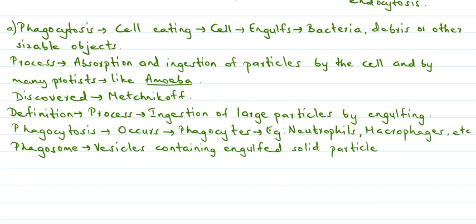Now let's talk about the next process, that is pinocytosis. Pinocytosis means cell drinking. Phagocytosis meant cell eating, whereas pinocytosis means cell drinking.